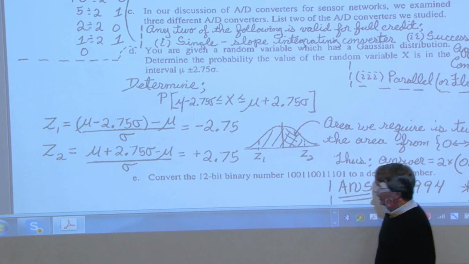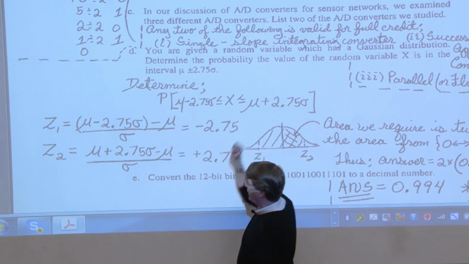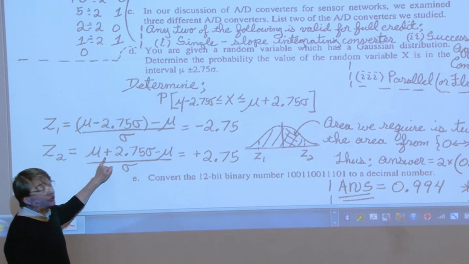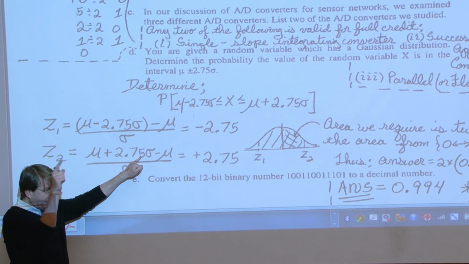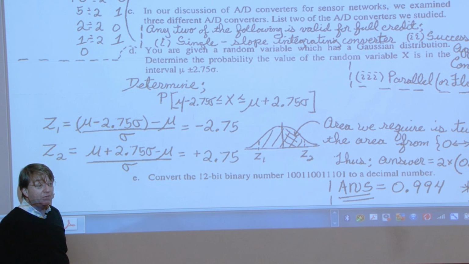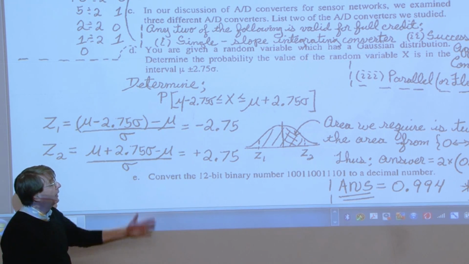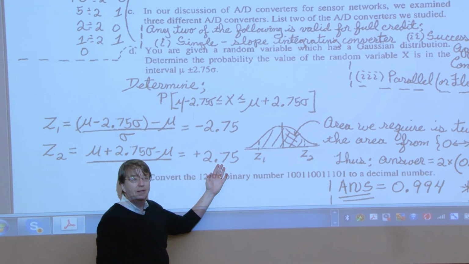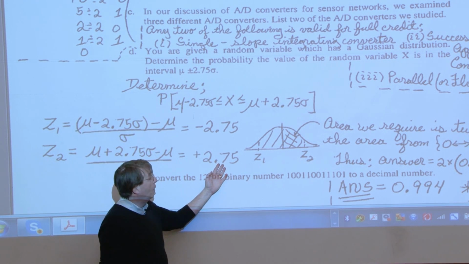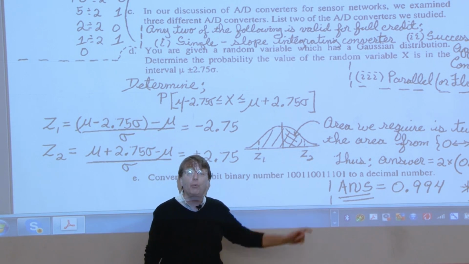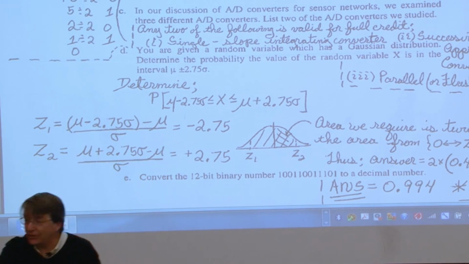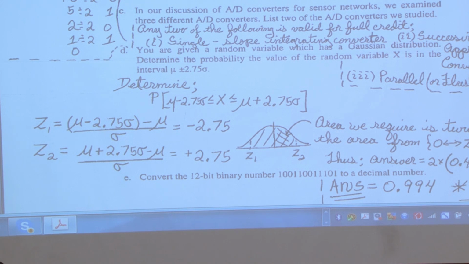All right, Kevin, good. So I now use the upper value of x. So x is mu plus 2.75 sigma. I then subtract the mean and I divide by the standard deviation. I get 2.75. I now want to know the probability of being between minus 2.75 and plus 2.75. But I have a single-sided z-table.